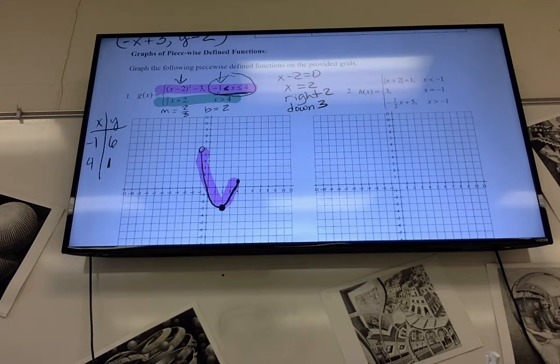So I can make a little XY chart for that too if you want to. If I plug 4 in there, that doesn't turn out very nice, but that's okay. I get 8/3, which is 2 2/3. 2 2/3 plus 2 would be 4 2/3. So I go to the right 4 and up 4 2/3, so almost 5.